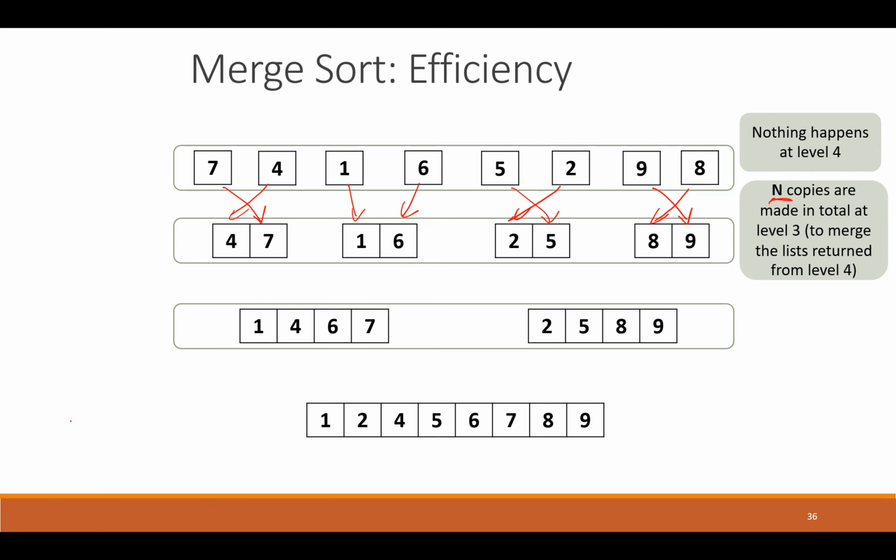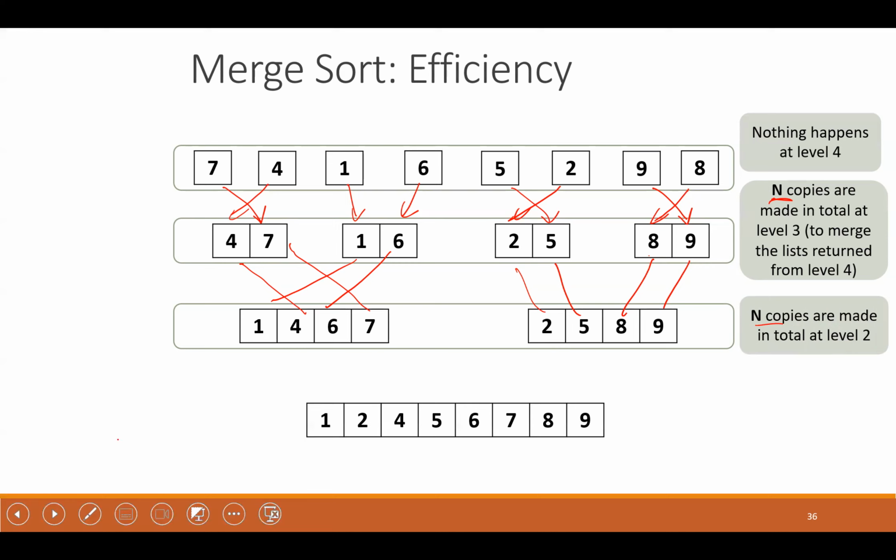At the next level, it's the same thing. I merged these, so I've made 1, 2, 3, 4 copies here, and 1, 2, 3, 4 copies here, for 8 total. In general, I would have n copies at this level of the recursion tree. These are not happening at the same time. It's not parallel, but it's useful to group them together.